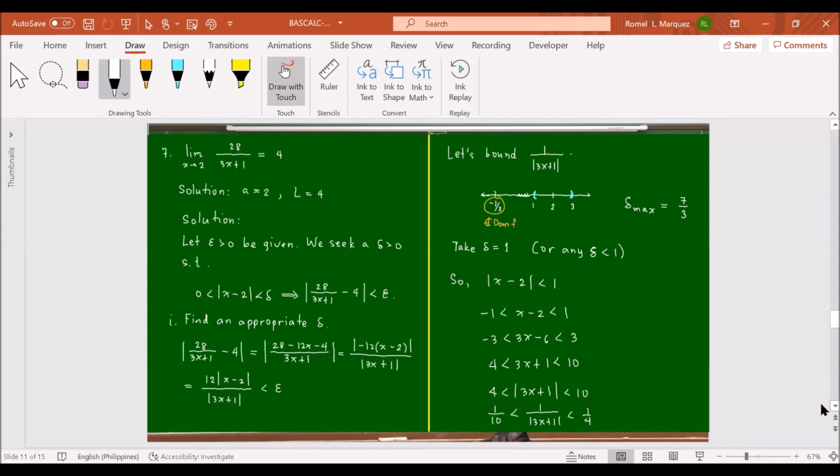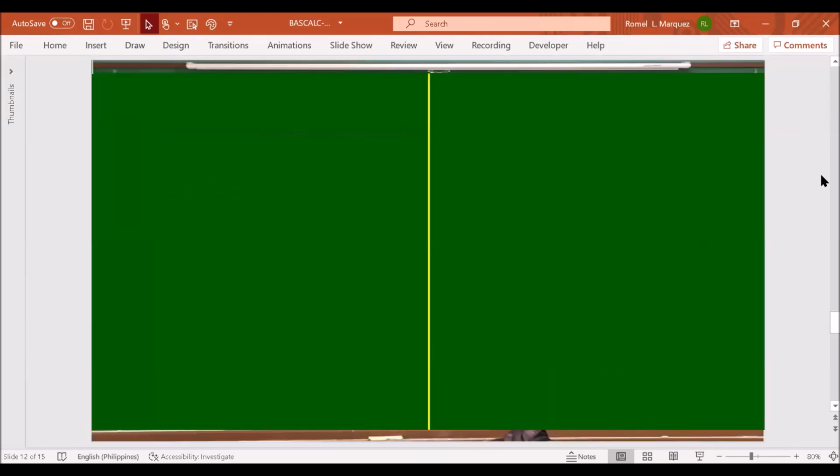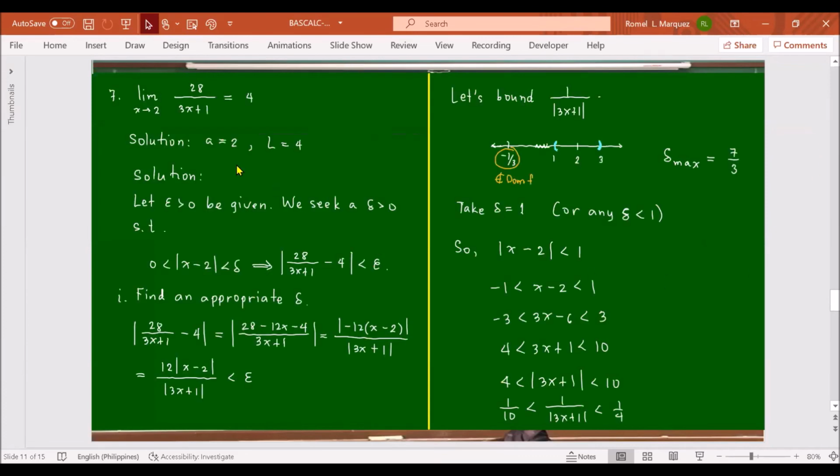So from there, I can now bound the fraction. So let me go back. What is that fraction? It's hard to work on a problem that you don't see. So if I move to the next slide, it's hard now. So this is what I am working on now.